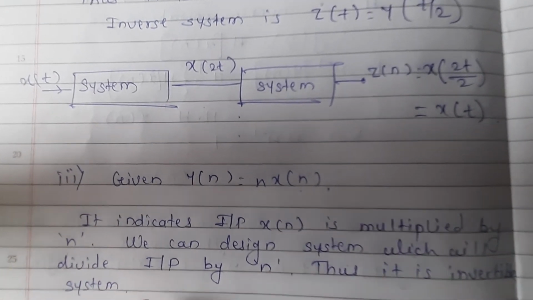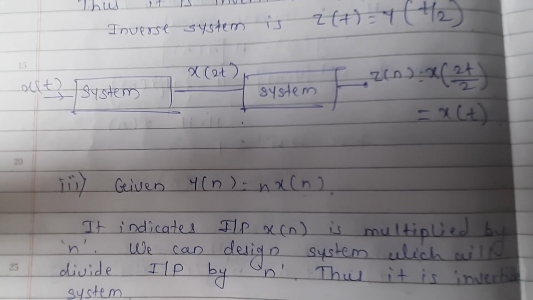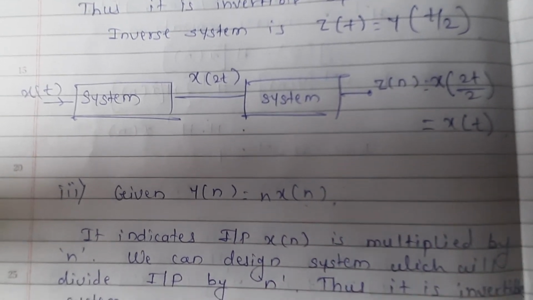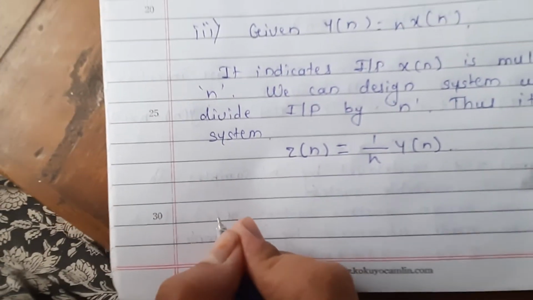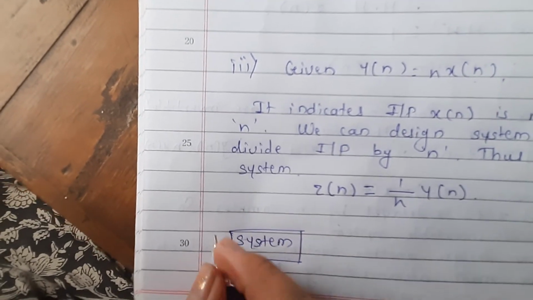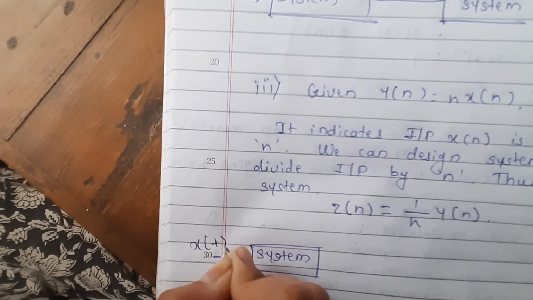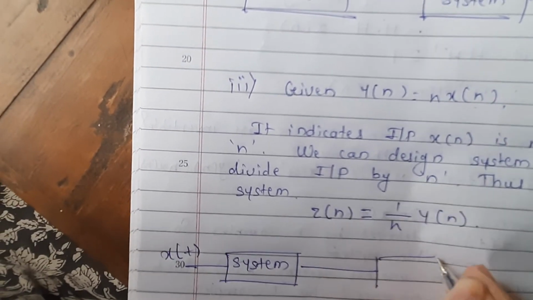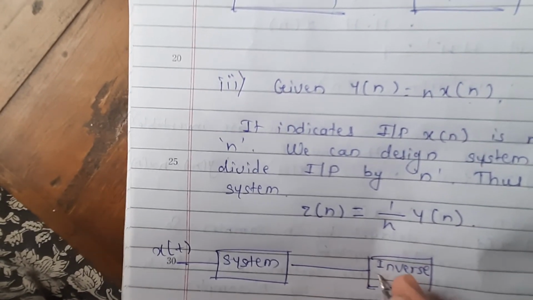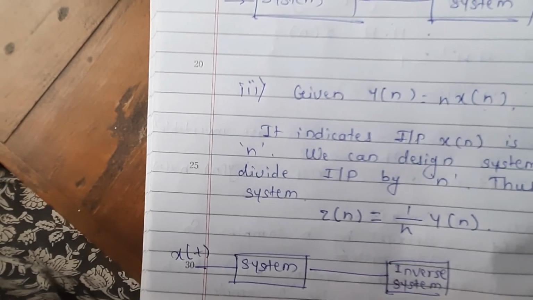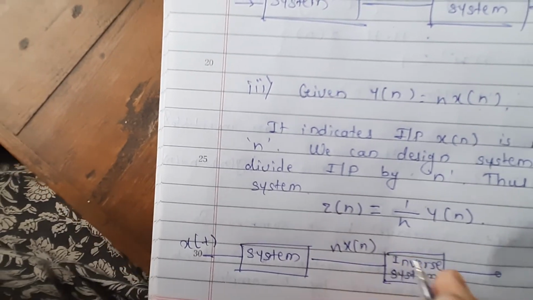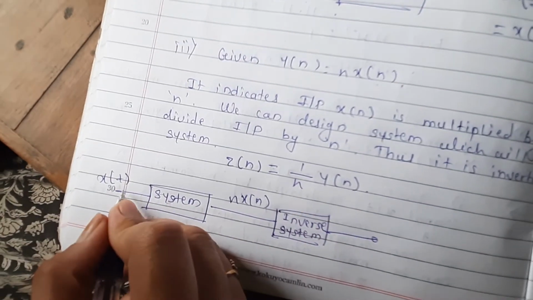So it can be denoted by z of n is equal to 1 by n y of n. So the diagram is: this is n into x of n, and we want the original input as the output.